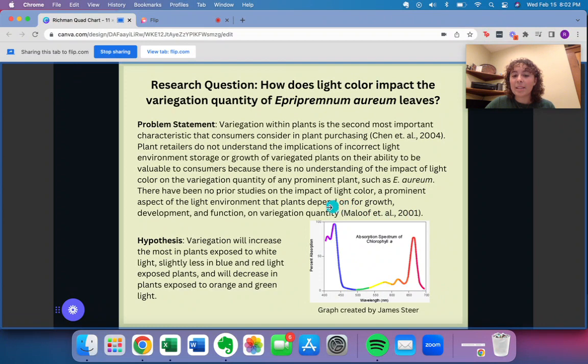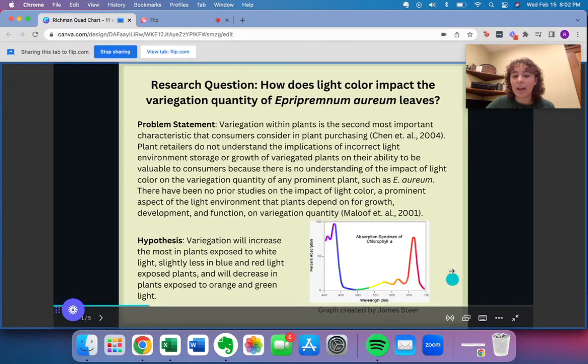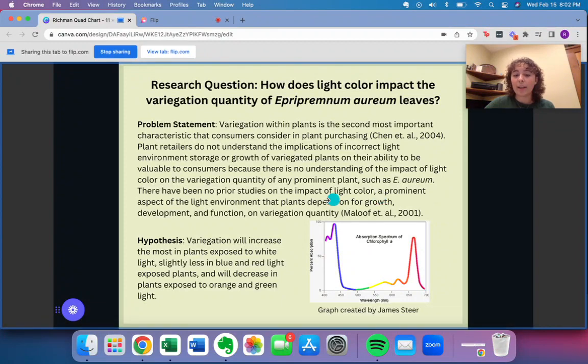Then, based on the chlorophyll A absorption spectrum, I hypothesized that blue and red light, so this peak here and this peak here, that variegation will increase under those as well because there's enough light that is really well absorbed that the leaf will be able to undergo as much photosynthesis as biologically necessary and be able to have variegated regions. Won't need them all to survive.